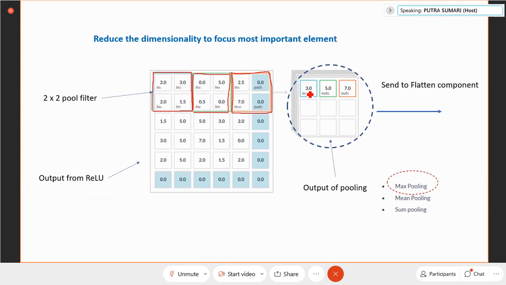You can say that in this filter, take the minimum. 1.5. You can put 1.5. It depends on what you're going to use. Move to the next one. Take the minimum. 0. So it becomes 0. Move to the next one. Take the minimum. 0 becomes 0. Okay, that's one thing. Or probably you can take the average.